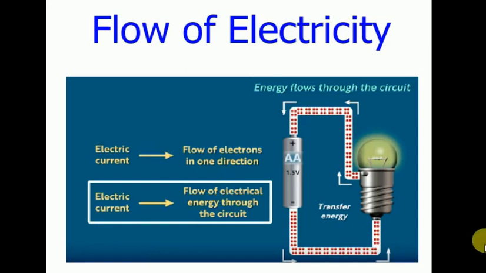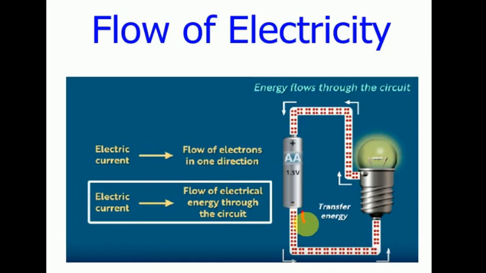Okay, now here what we have written is: electric current, a flow of electric energy through the circuit. It shows the flow of electricity through the circuit. Here this is the negative terminal, this is the positive terminal. The electron flow is from the negative terminal to the positive terminal.